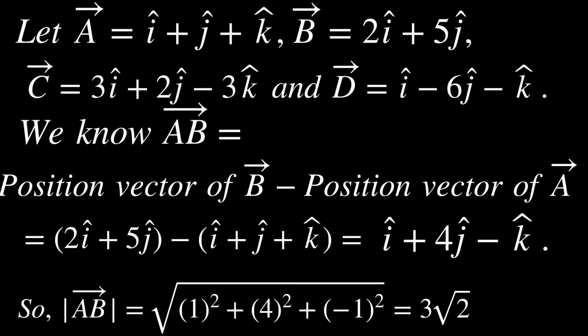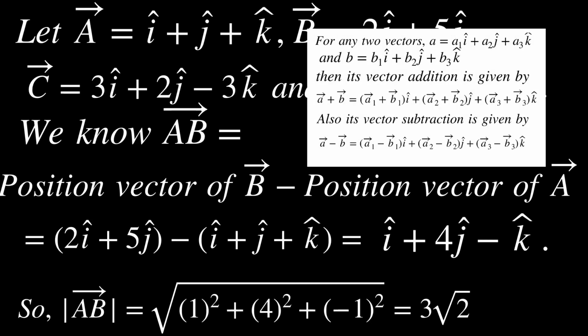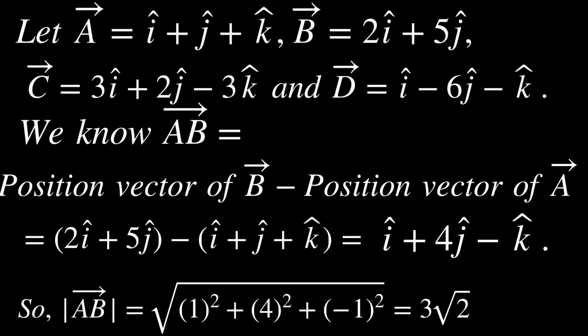So vector AB is equal to the position vector of B minus the position vector of A. We are given the position vectors of B and A. So vector AB is equal to (2i + 5j) - (i + j + k), which on simplification we get i + 4j - k.